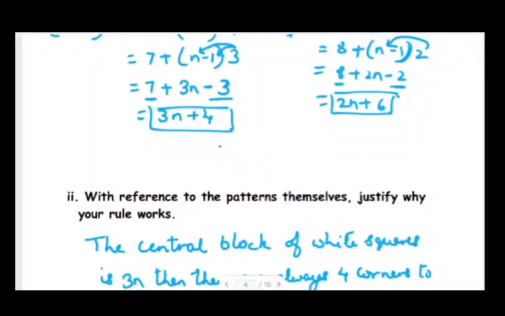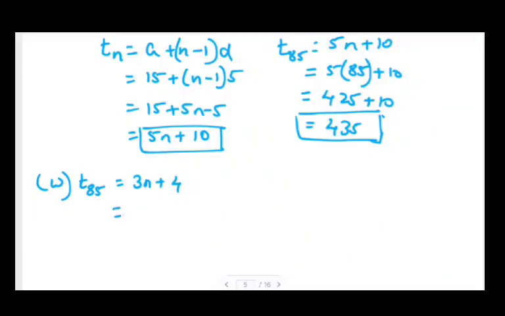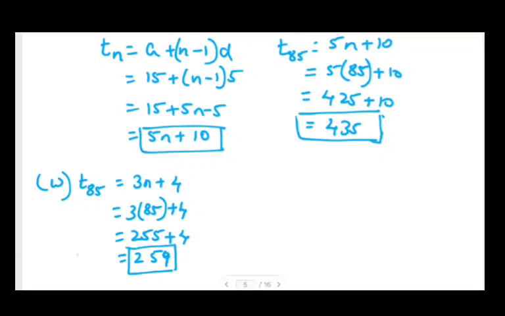So 3 into 85 plus 4 is 255 plus 4, which is equal to 259 white tiles in the 85th position.